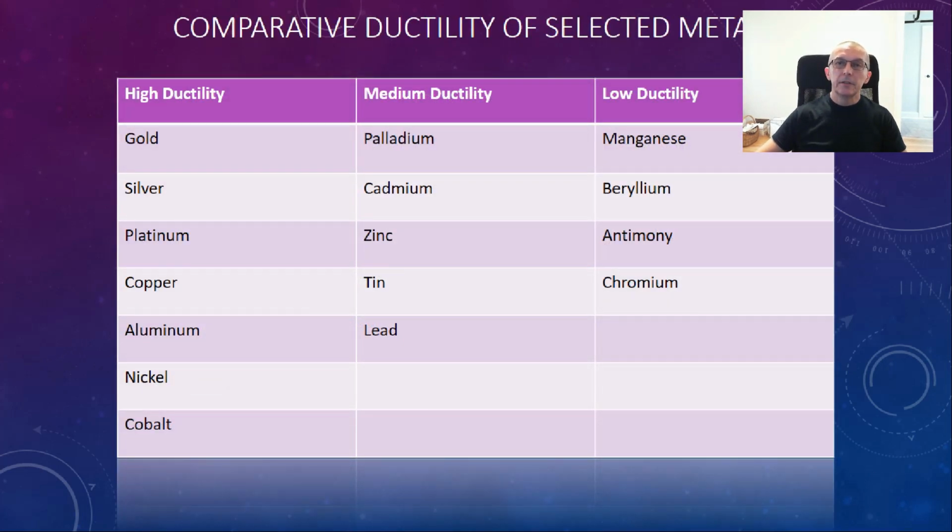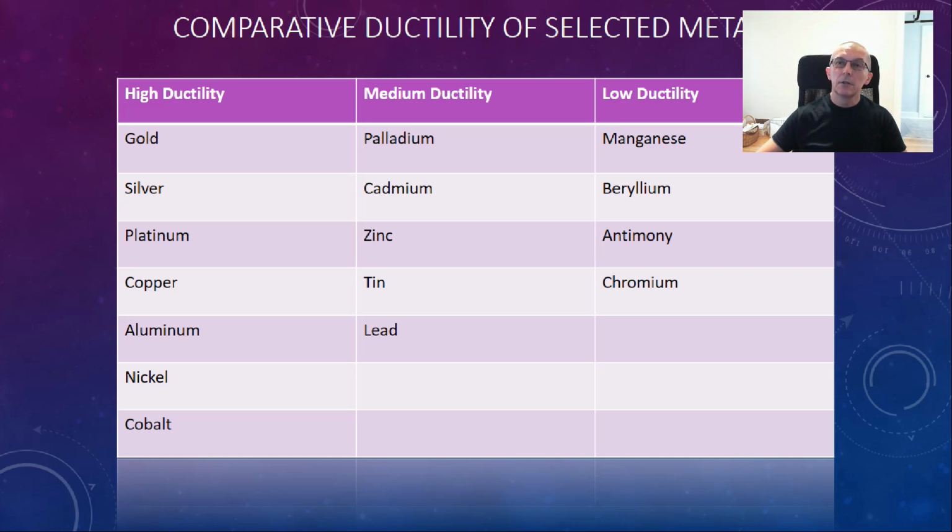When we compare the different materials, the different metals here, we have copper, silver, platinum, copper, aluminum, nickel, cobalt, and these are the different metals showing how ductile they are or how resistant they are to tensile stresses.